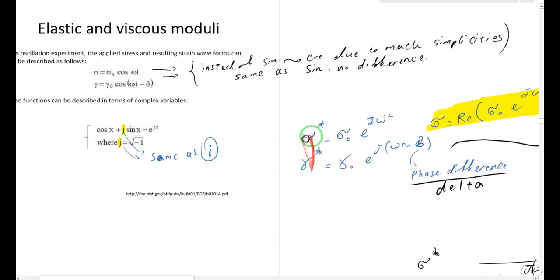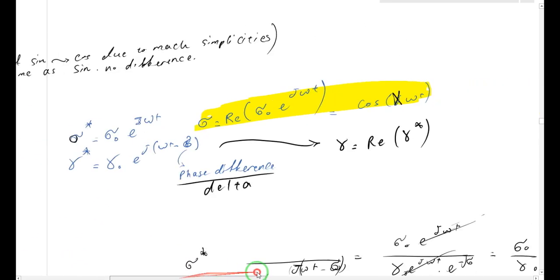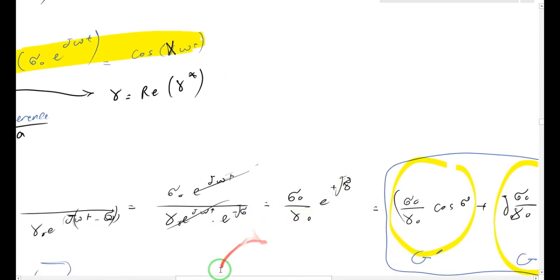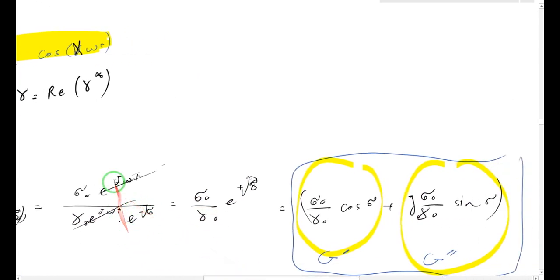If we take the ratio between these two, we will reach something like that, as you see here.